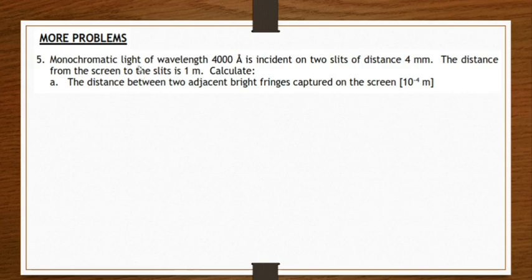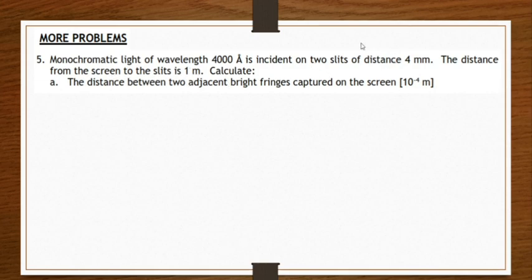The other problem that I will discuss is from the more problems, number 5. Yeah, this is from your book on page 197. Monochromatic light of wavelength 4000 angstrom is incident on two slits of distance 4 millimeters. The distance from the screen to the slits is 1 meter.